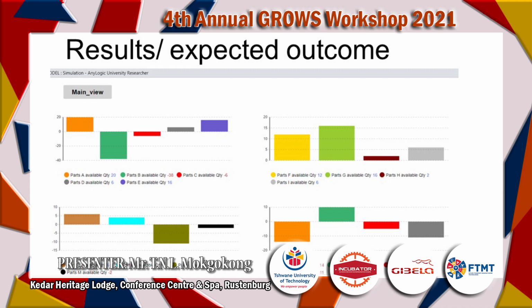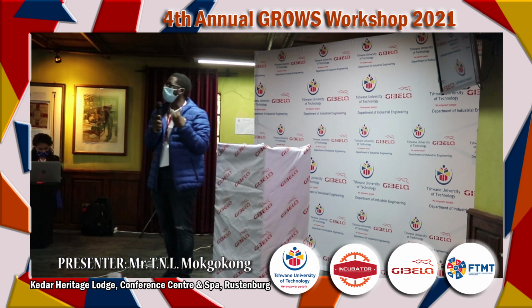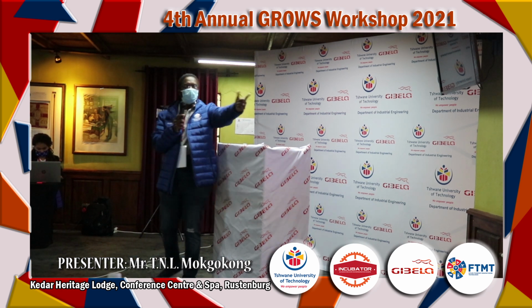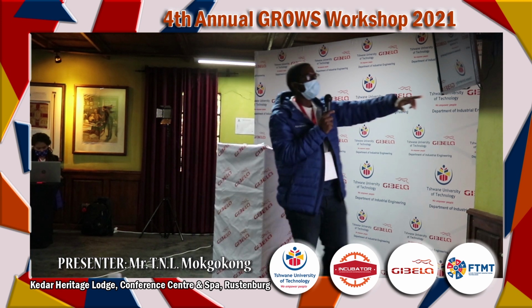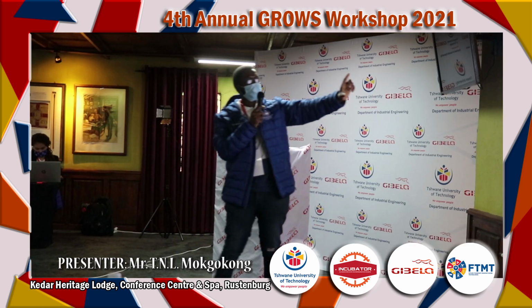What we want to attain at the end of the day is that when you run the model for a particular part, based on the different components that constitute that part, and the different suppliers that supply it, and based on the processing time, the delivery rate, and how we consume from our stock, the model should be able to tell you that if you continue operating the way you are, you're going to run short of part B, you're going to run short of part C. From there it can highlight the parts and the particular supplier you need to look at.